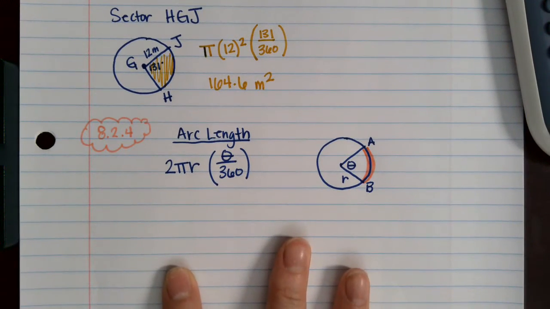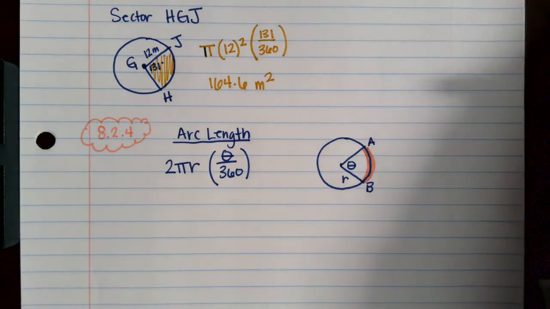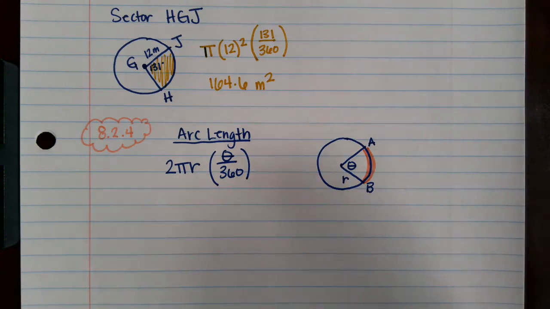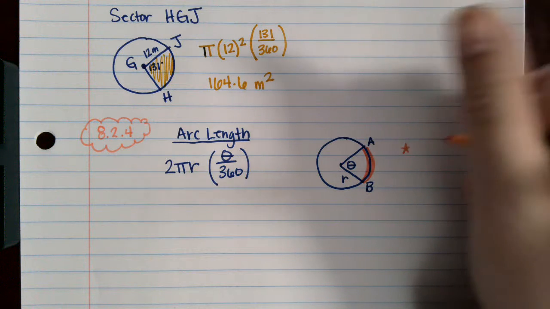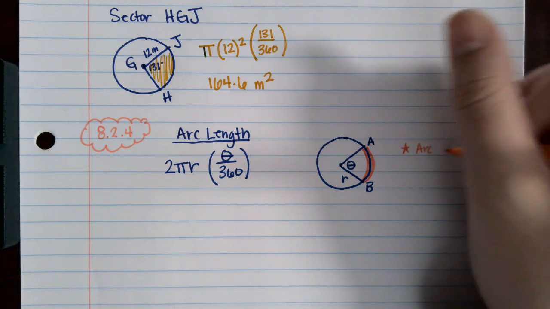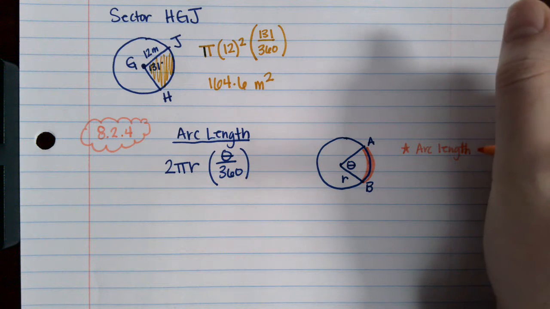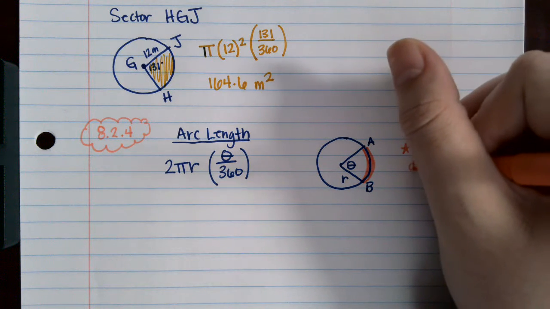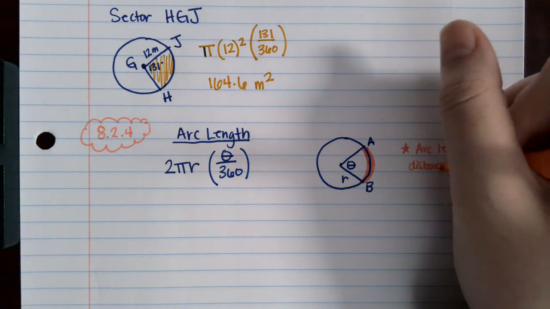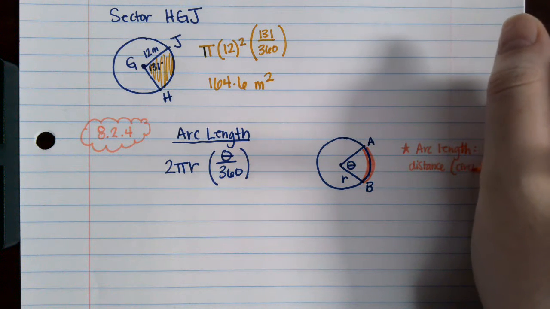There is something pretty important that I want you to write down, a distinction between some vocab. So arc length is distance, which is part of the circumference.